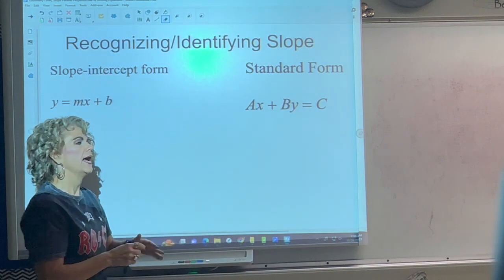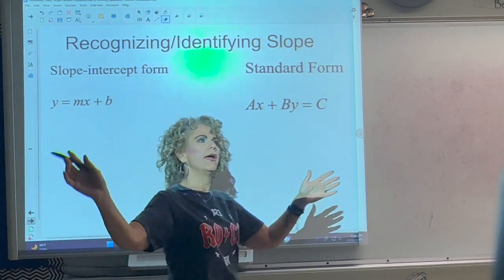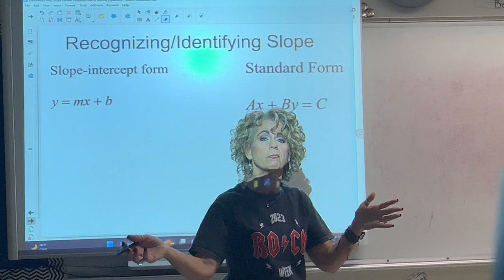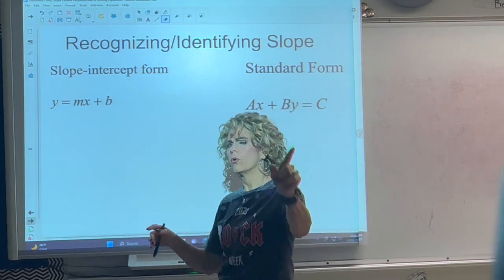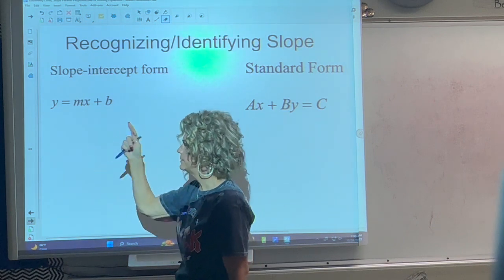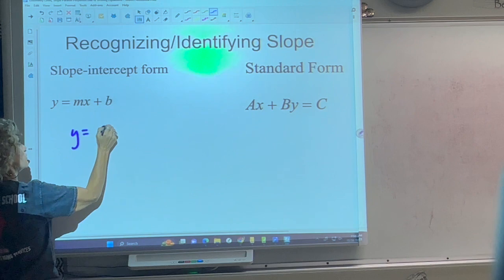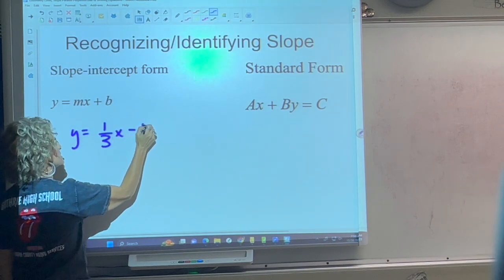Now, a dream worksheet would be worth 100 points, and even if it was 100 problems, and all of those were identifying the slopes when it's in slope-intercept form, easy peasy, okay? So I'll just throw one up there. So I have y equals 1/3 x minus 7.